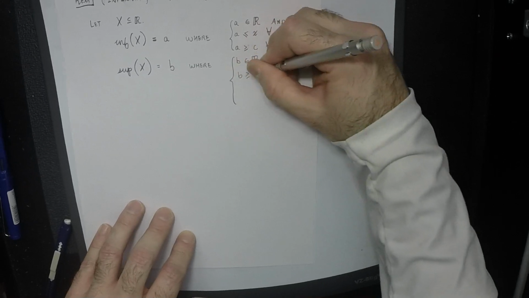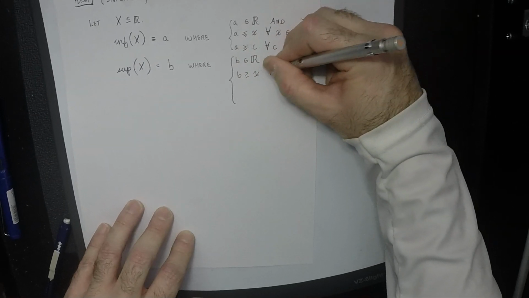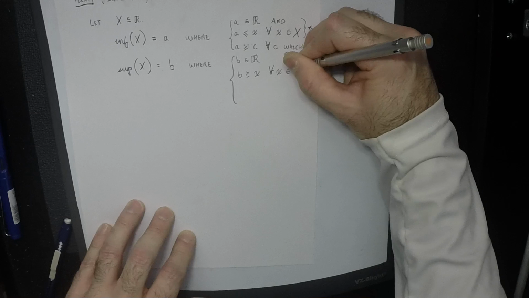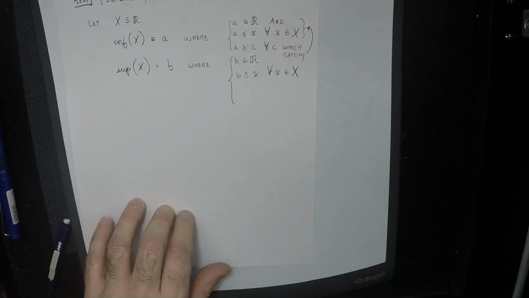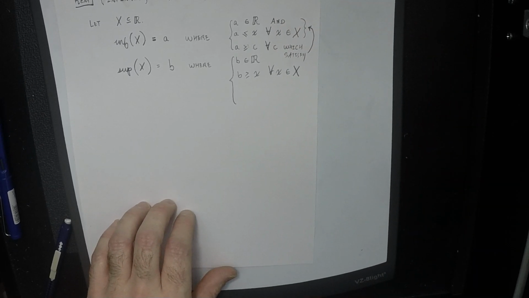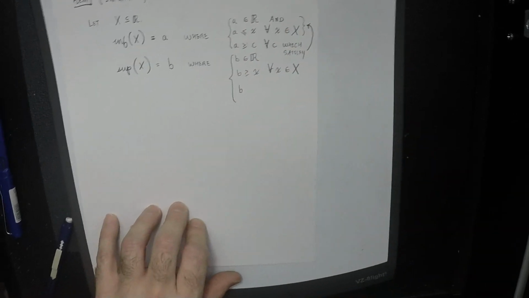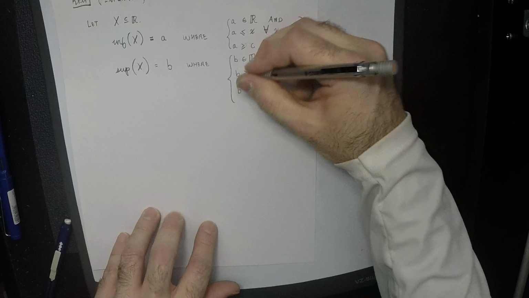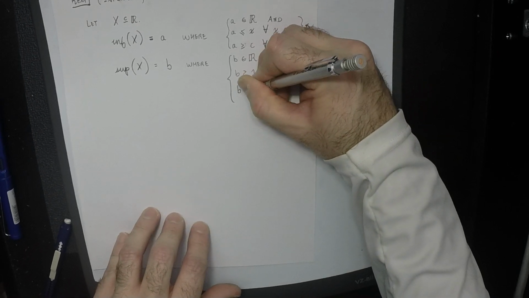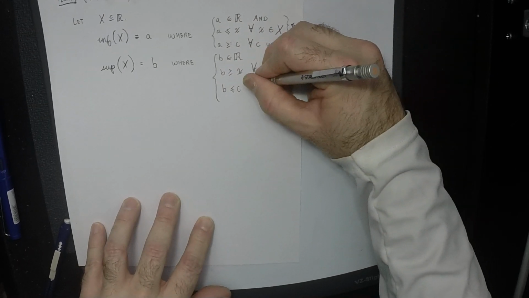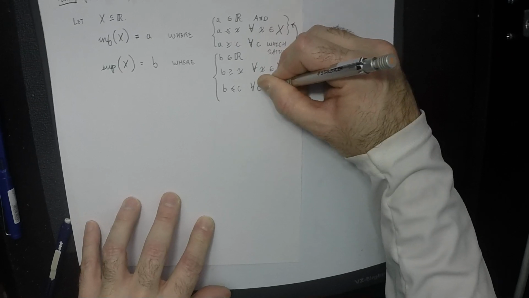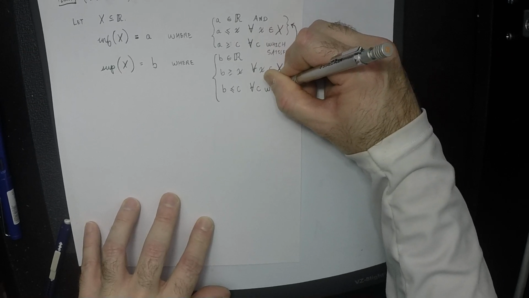B has to be greater than or equal to x for all little x in set X. And what? B is less or equal to C for all C which satisfy the first two conditions.